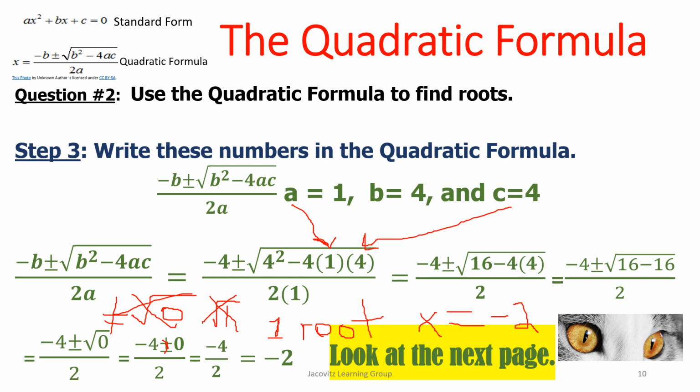Okay, and they ask you to find roots sometime because usually you have 2. You can't do anything else because it's just negative 4 over 2. This is negative 4 divided by 2, and then we simplified, and that's your answer. Okay?